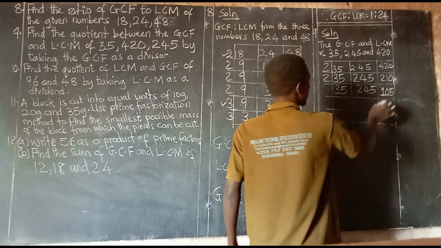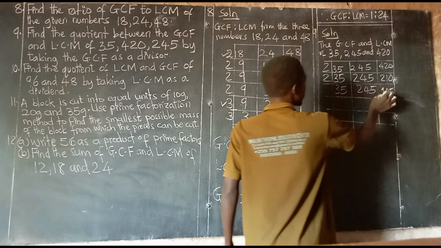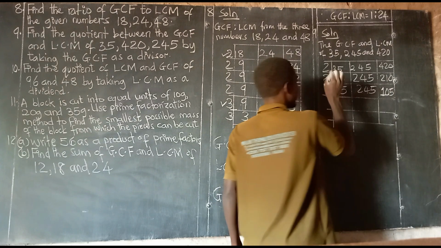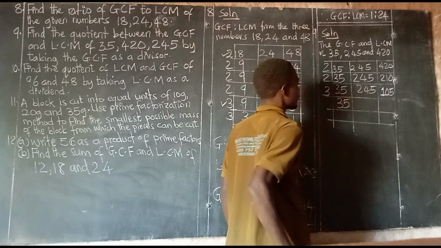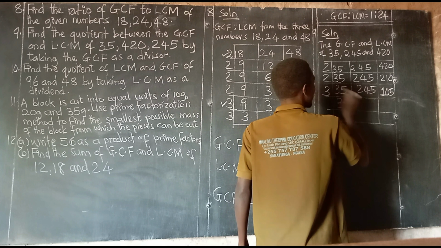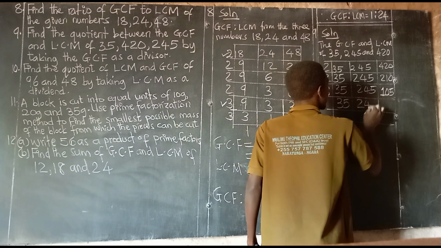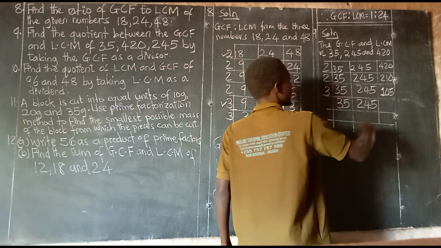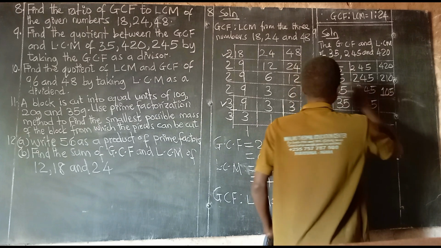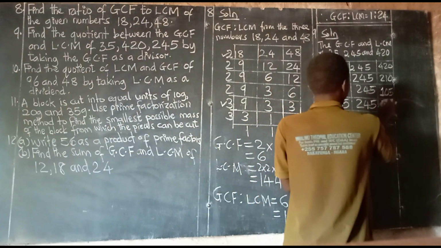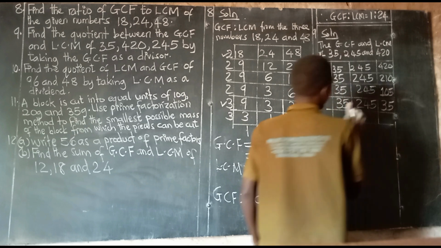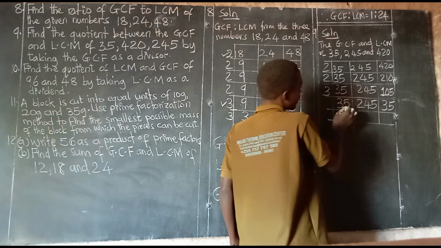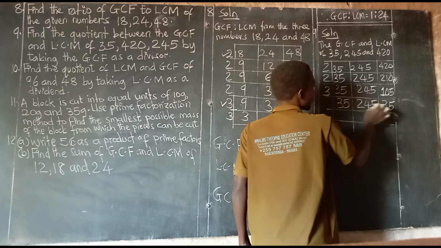So if there is any, we can write 3 here. 35 over 3 is not divisible completely, so write it as it is. 245 divided by 3 is not divisible by 3 completely. 105 over 3, you get 35. Now we have 35, 245.